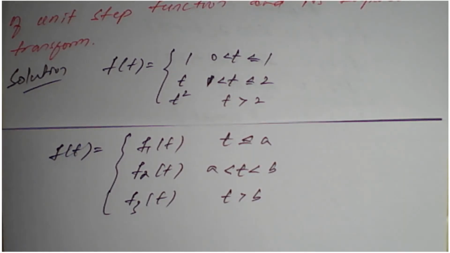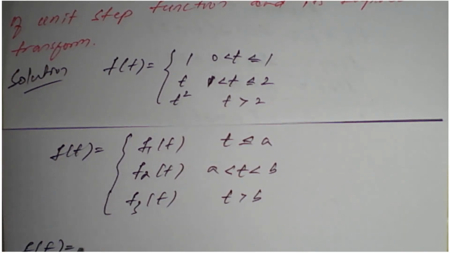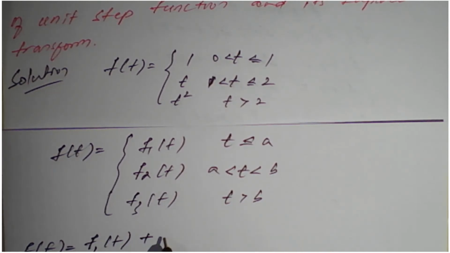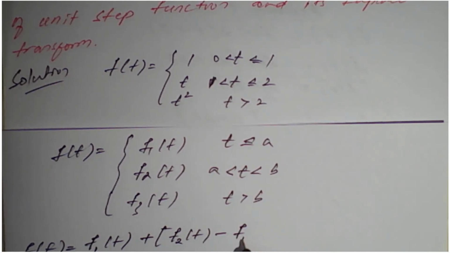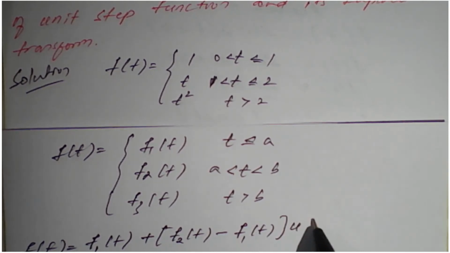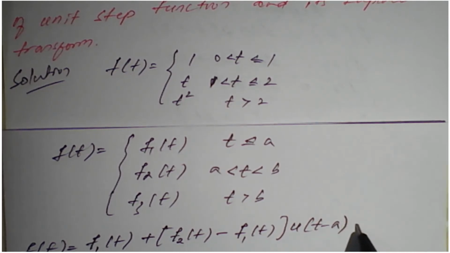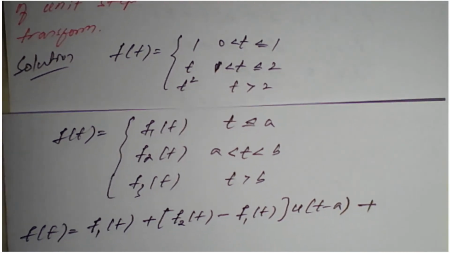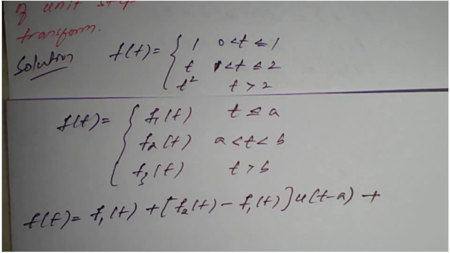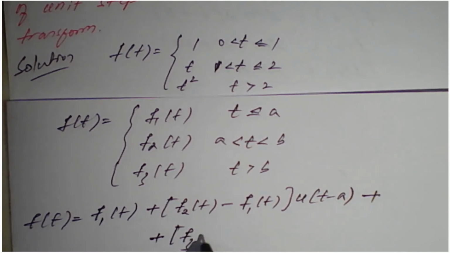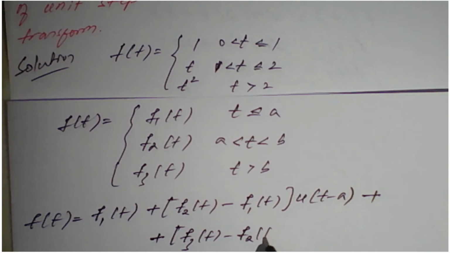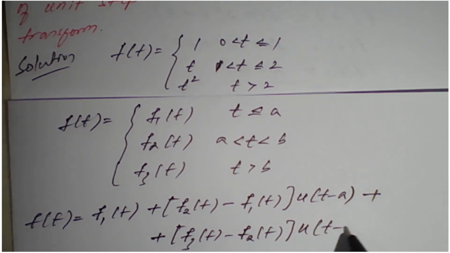Therefore we can write this f of t as f1 of t plus, in brackets, f2 of t minus f1 of t into u of t minus a, plus f3 of t minus f2 of t into u of t minus b.